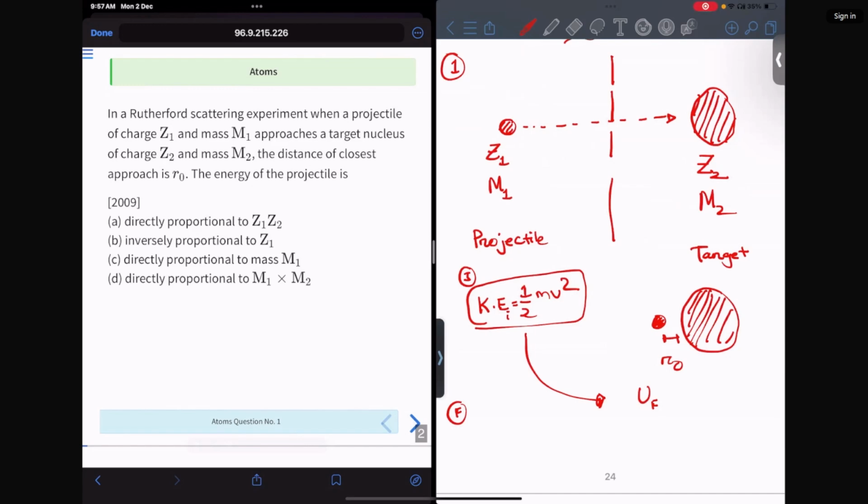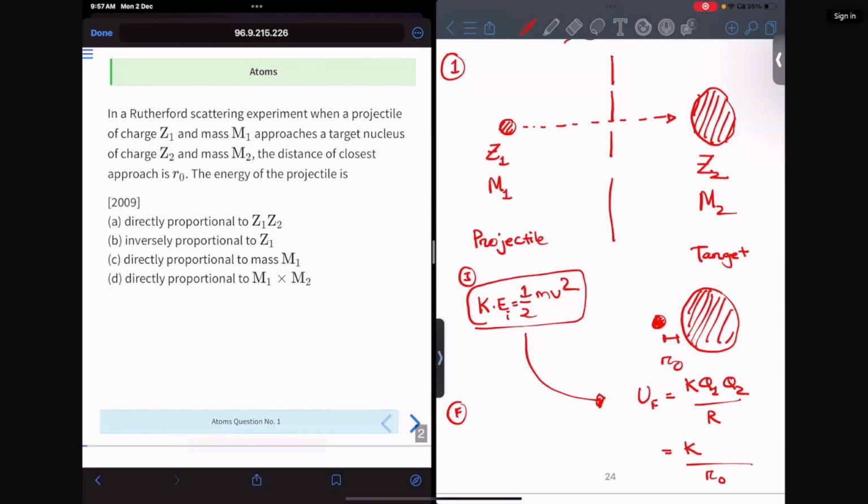So what will be the potential energy here? As you know, the formula for potential energy is K Q1 Q2 upon R. What is R here? R naught. The value of K, I don't think we need to write, because in the options they have not given anything related to K. So just write it as K. What will be the value of Q1?